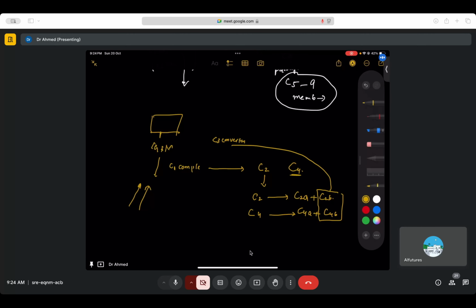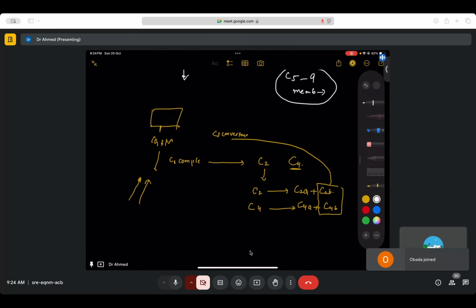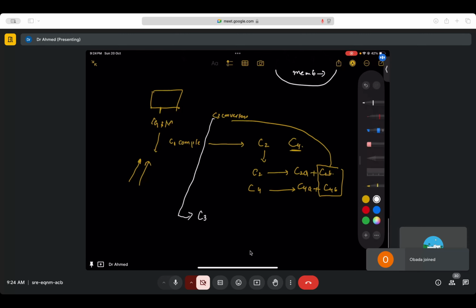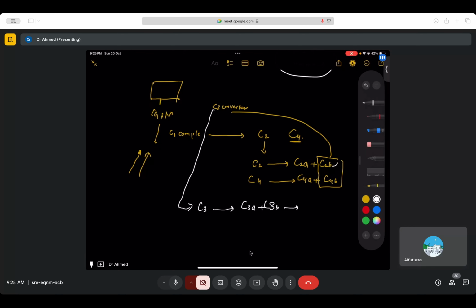What is the role of C3 convertase? It's going to activate your C3. C3 is converted into C3A plus C3B. Ultimately, C2B, C4B and C3B collectively will form the C5 convertase.